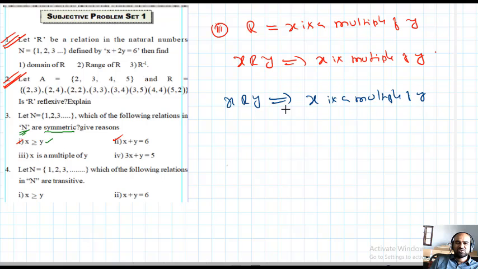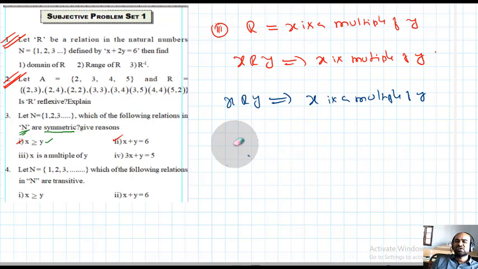Understood? That's why x related to y doesn't give y related to x. X related to y means what? X is a multiple of y. What do you want? Y related to x. Y related to x means y is a multiple of x. X is a multiple of y does not mean y is a multiple of x. For example, 10 is a multiple of 2, but you can't say that 2 is a multiple of 10. 2 is a factor of 10. If these two are the same, this happens.